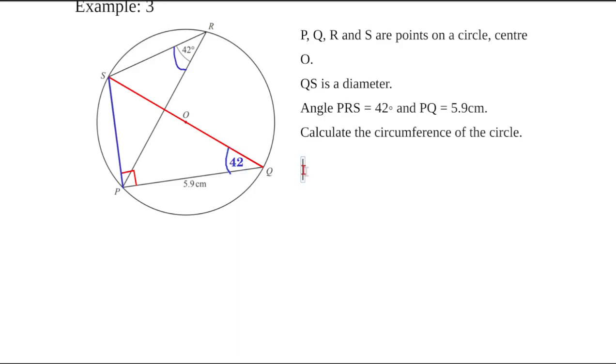Now let's just put it down in writing. Angle SRP is equal to angle SQP equals 42 degrees. The reason for this: angles on same segment.